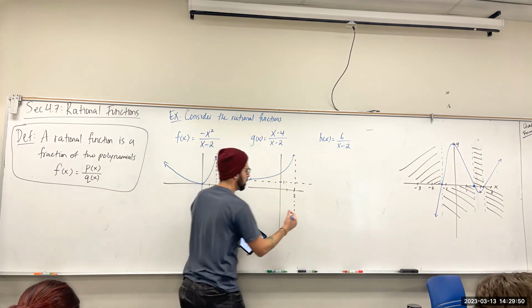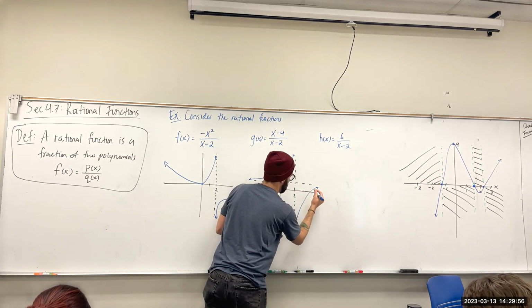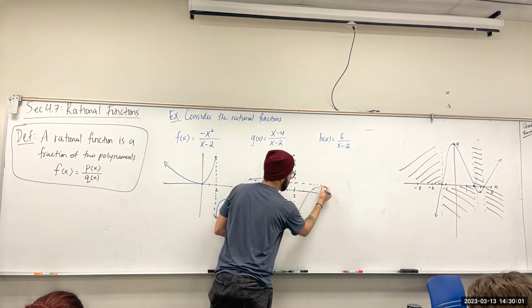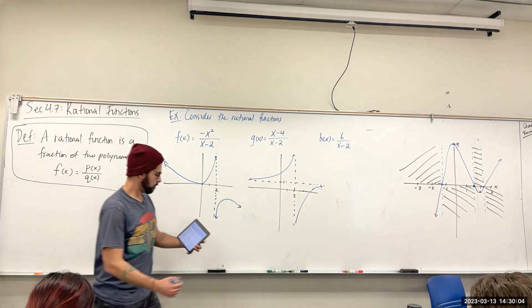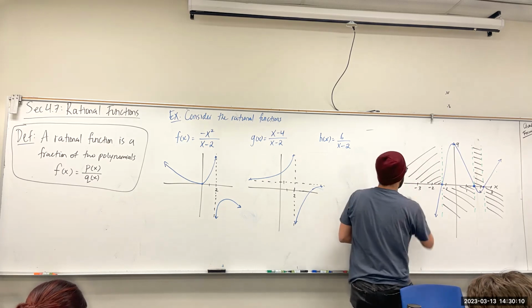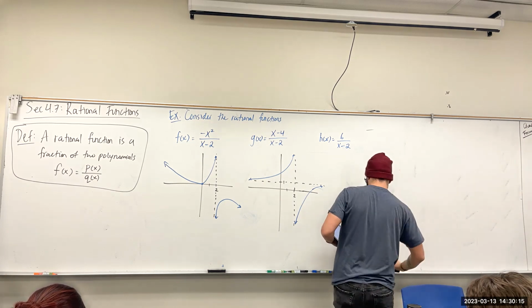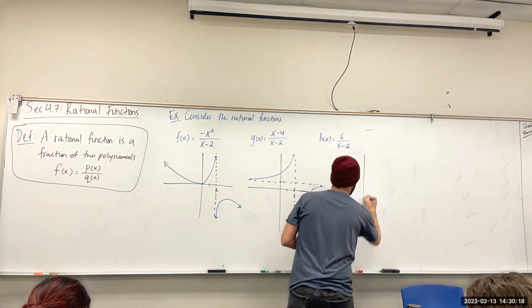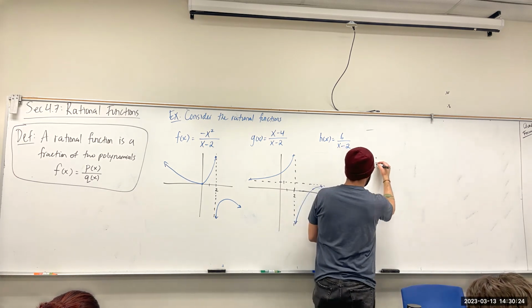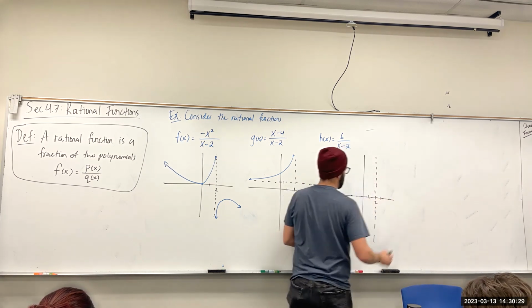And then this last one here, x = 2 again. And then this time we saw that the horizontal asymptote was at y = 0 there.